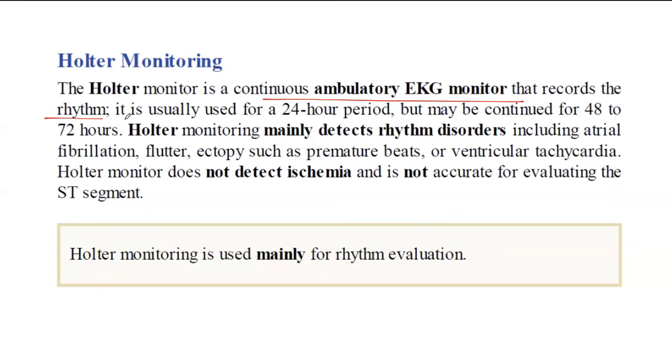When we want to find an undetectable arrhythmia, that is the time we put this device on the patient. The patient will do everything for 24 or 48 hours, and it will keep checking the heart rhythm. It will try to detect any arrhythmia, like atrial fibrillation, heart block, or ventricular tachycardia. So only if we want to detect rhythm disturbance or arrhythmia do we do the Holter. It has nothing to do with coronary artery disease. Very important to understand. Okay?